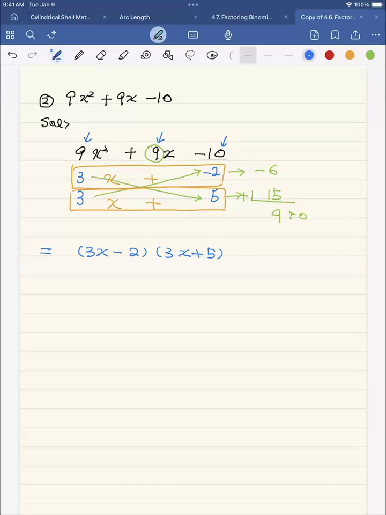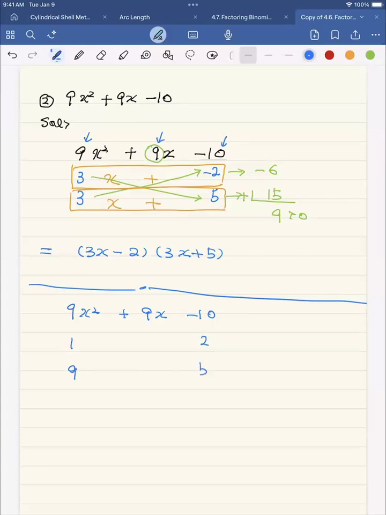When I solved this problem, I could figure out the correct number combination easily because I've been doing this many times. But at the beginning, you may do something like 1 times 9 and 2 times 5, the wrong combination. But we go through the same process. 9 times 2 is 18. 1 times 5 will make 5.